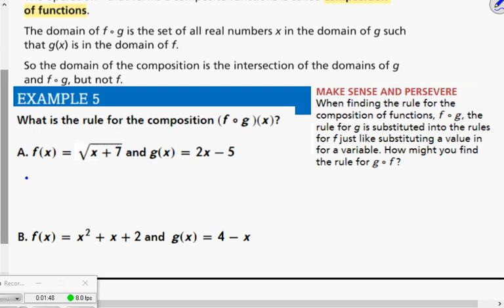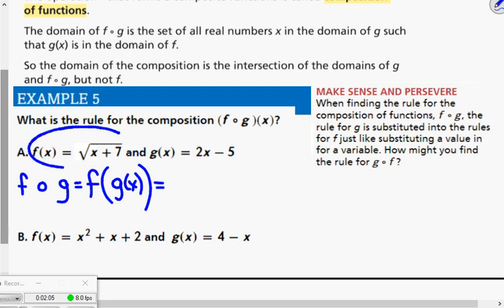F-O-G. Let's go down to example A. F-O-G is saying, take the G of X machine and embed it, put it inside the other machine. So you have this outside F of X taking the square root of whatever you put in plus 7, right?